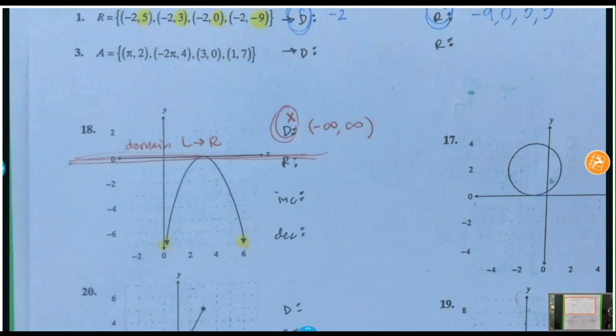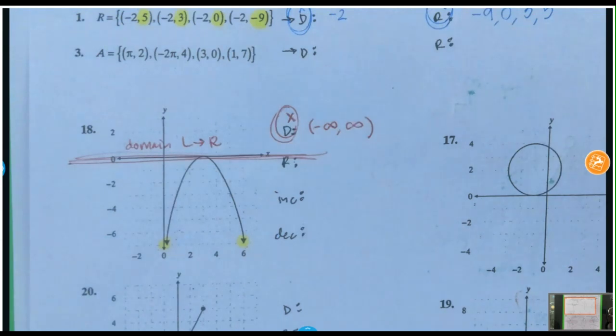Negative infinity. Good. So it's going to go to negative infinity on that side. And then it's also going to go to the right, for all eternity. And the mathematical number for that is positive infinity. So the domain, not the range, but the domain is negative infinity to positive infinity.